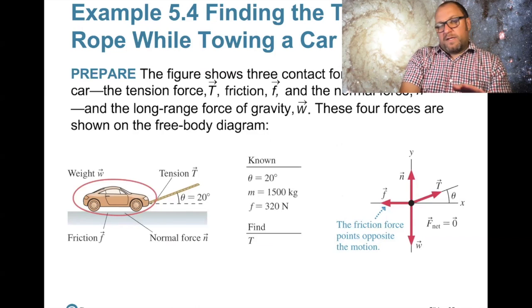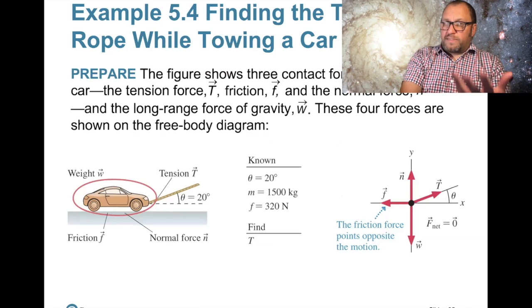That's fine. The figure shows four forces acting on the car: the tension force T, the friction force F, the normal force N, and the long-range force of gravity W. Those forces are shown in the free body diagram.